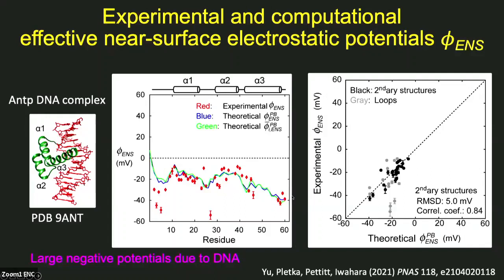This reflects basically a strong electrostatic influence of the DNA. And agreement between experimental potential and theoretical potential were quite good for secondary structure regions, but not for the loop region, as we saw for the ubiquitin.